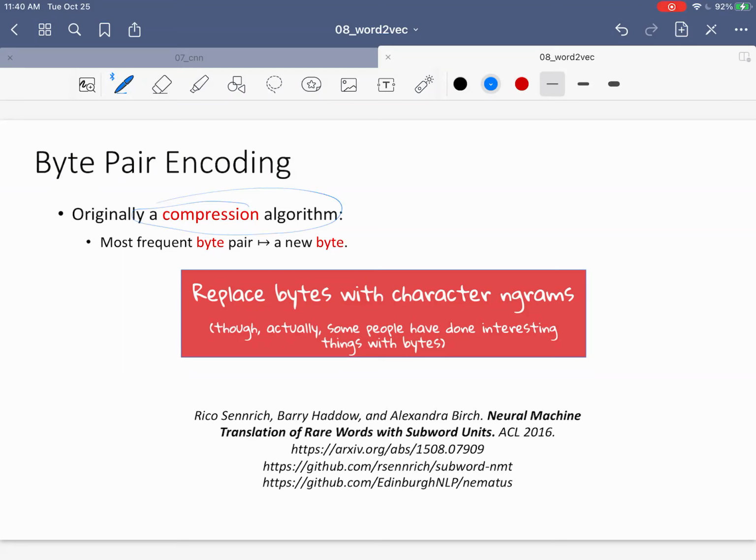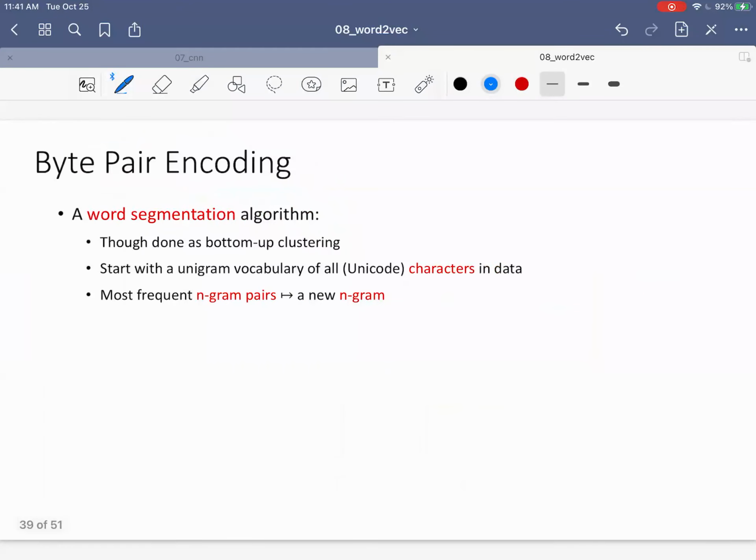This all comes from Shannon's information theory. So originally, byte pair encoding was used as a compression algorithm. We can read this paper to see where it actually came from. It's a very, very simple algorithm.